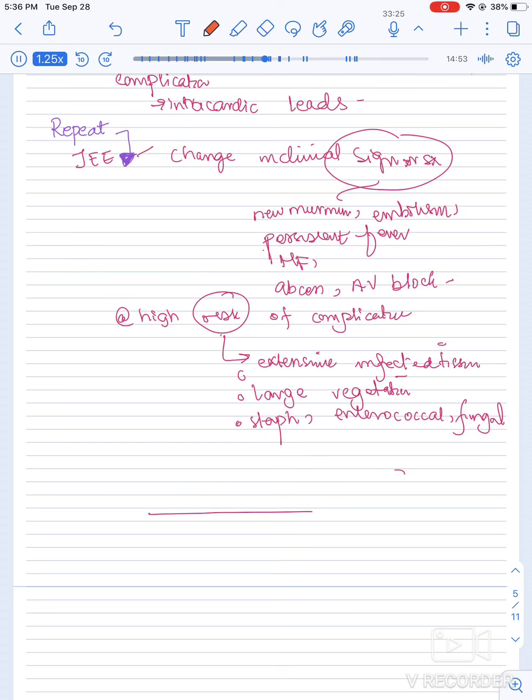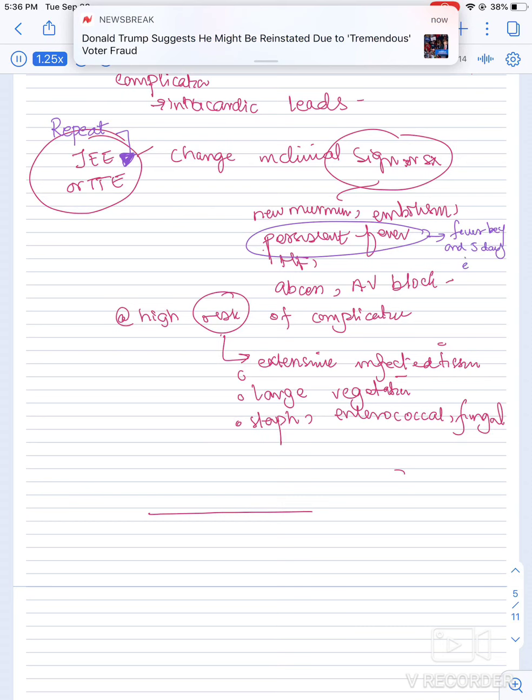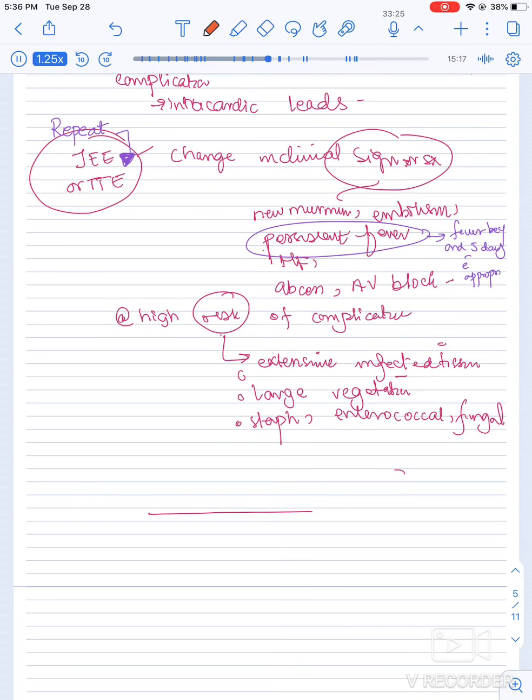On those patients, you can consider repeating either TTE or TEE. And the definition of persistent fever is if you have fever beyond 5 days with appropriate antibiotics.